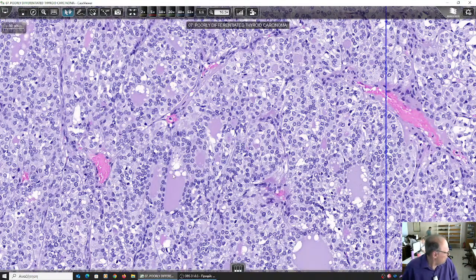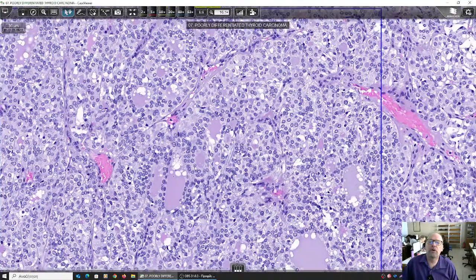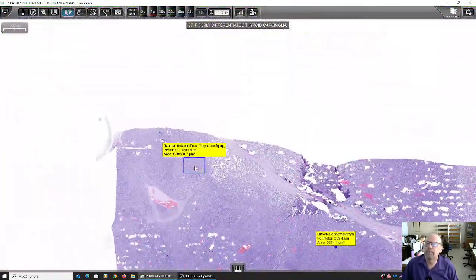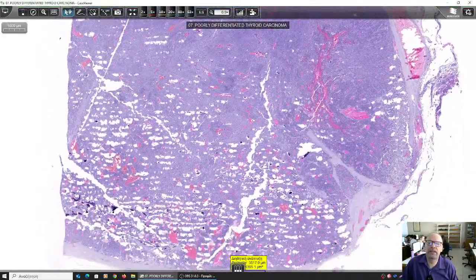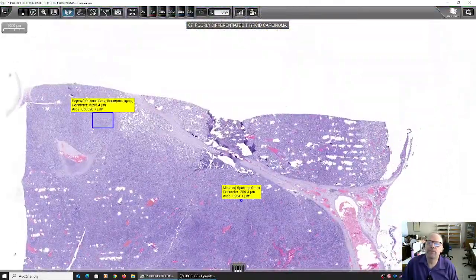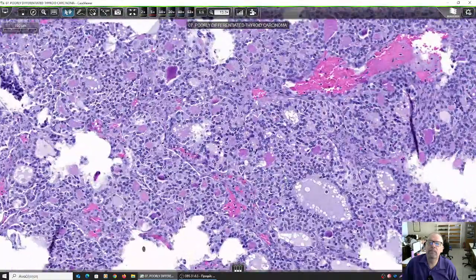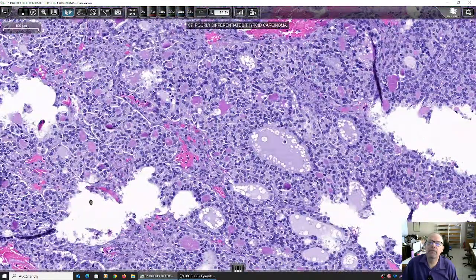Follicle, it has a follicular pattern as well, okay? And of course, we have no signs of the nuclear features of papillary carcinoma. So that was the poorly differentiated thyroid carcinoma. And let's have a look here. Yeah, we have a follicular pattern of the carcinoma as well in this area.